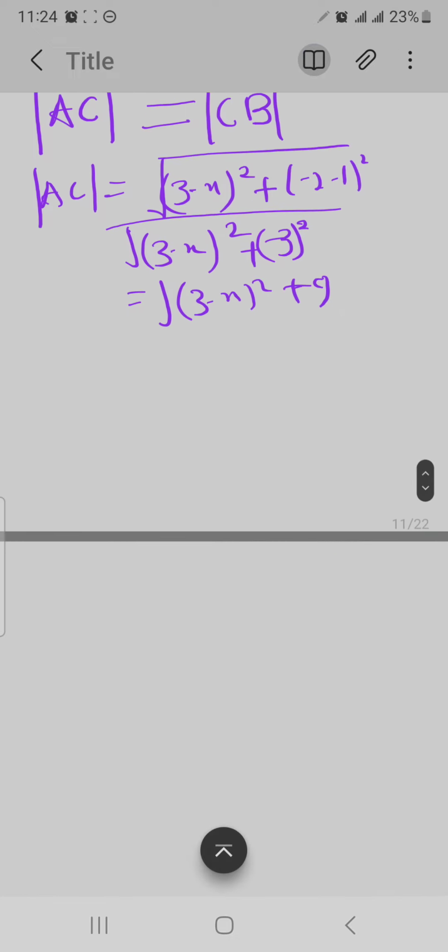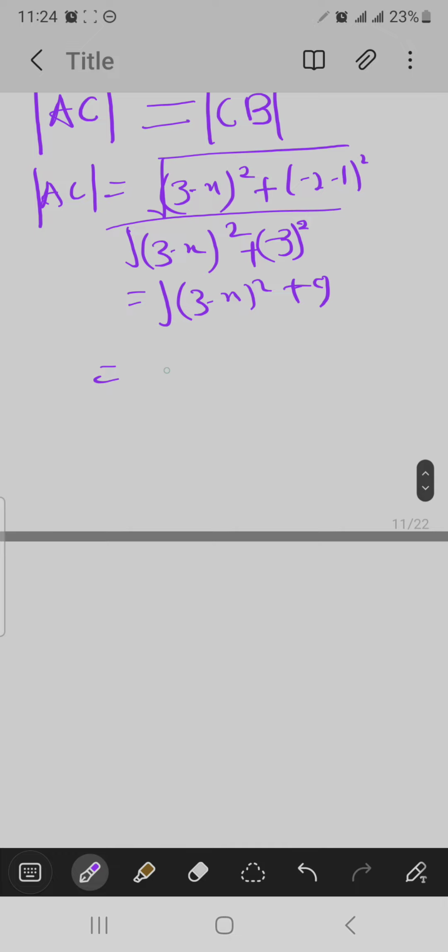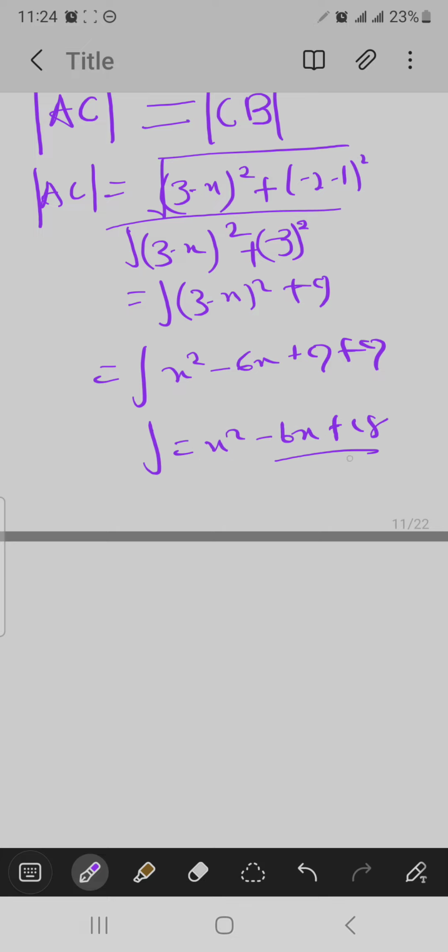So now doing this, I want to be fast now. If I want to expand, this one will be 3 minus x, 3 minus x in two places. It will now be x squared minus 6x plus 9 plus 9. So this one will be the square root of x squared minus 6x plus 18. So I'm done with this. And I hope you understand it.